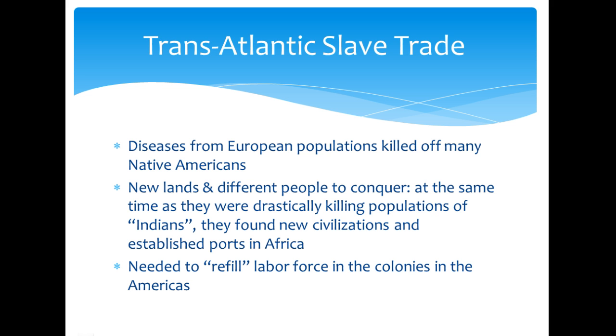So in order to refill their labor force in the colonies in the Americas, they saw that it would be totally okay to take slaves or people from Africa and use them as their labor force in what was formerly the Indians' role. So they couldn't use the Indians because they were killing all of them with their diseases, and the Indians were fighting back against the Europeans taking their territory, etc.